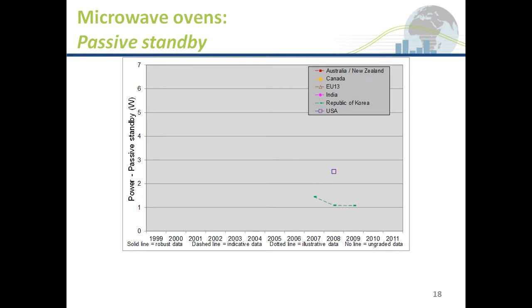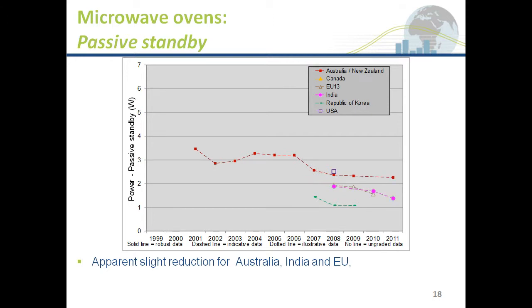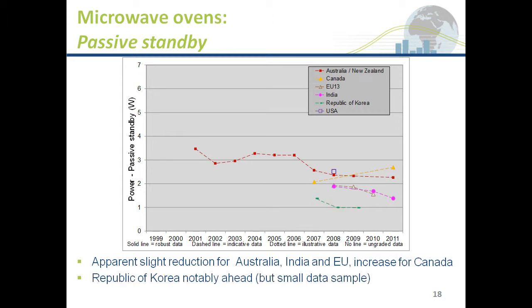Microwave ovens we looked at for passive standby, and we do have an apparent slight reduction for Australia, India and the EU. Perhaps there is an increase showing for Canada, but this is not significant and the data sets are not numerous enough to be really sure of that rising trend in Canada.